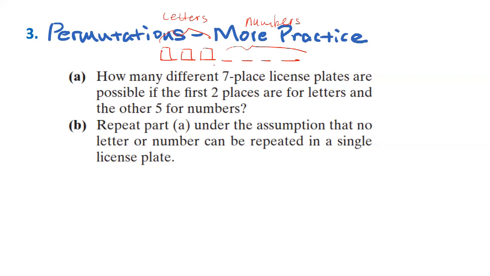We can use the rule of product, right? Because finishing this task involves several steps. Of course, we can also use permutations. The first step is to arrange the letters, and the second step is to arrange the numbers. So how many ways can you arrange the letters?